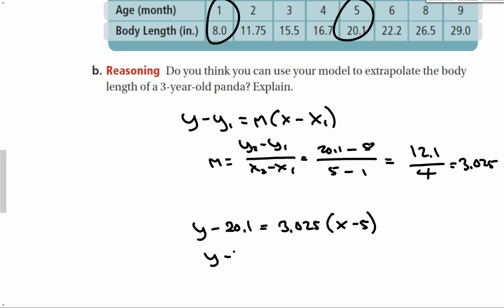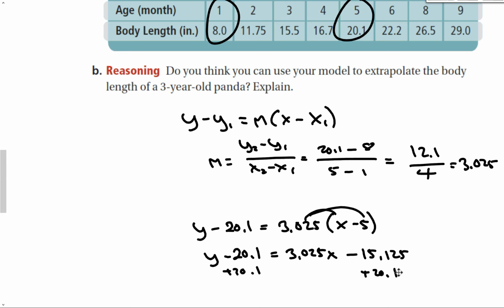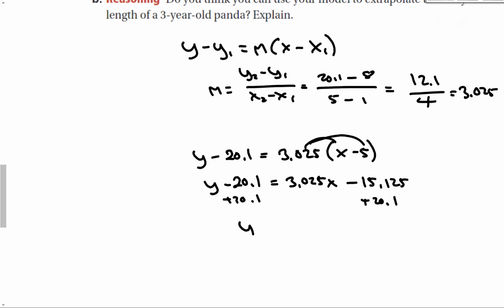Okay, y minus 20.1 is 3.025x minus 15.125. When I distribute, right, multiply, multiply. Add 20.1 to both sides, and I get y is equal to 3.025x plus 4.975.